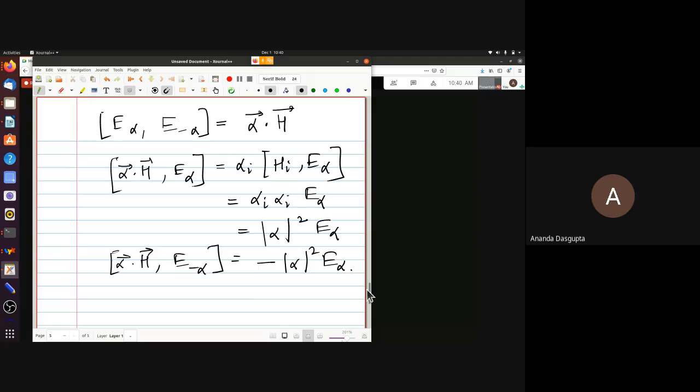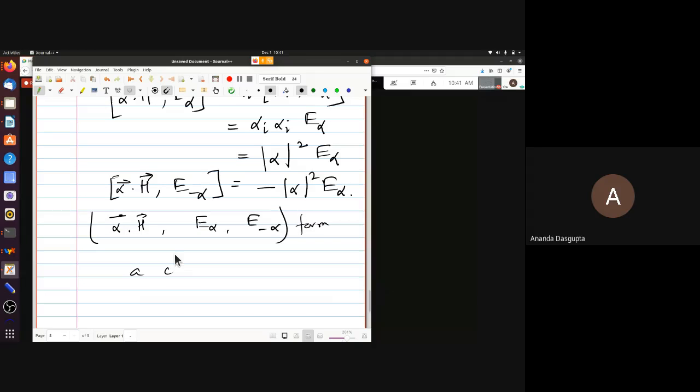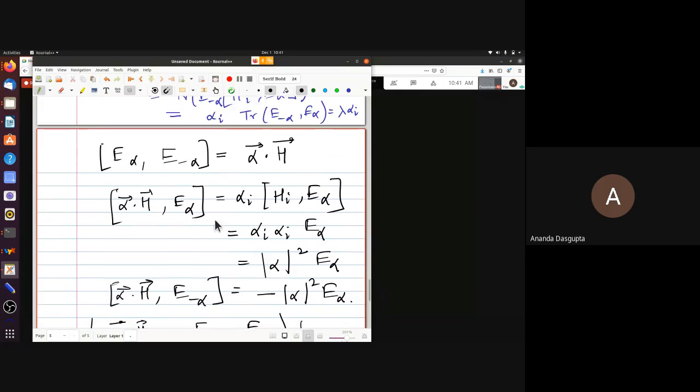So what we find is this. You take these three operators, alpha dot H, E_alpha and E_minus alpha, they form a closed subalgebra, right? Take any two of them, form a commutator, you get a third one.